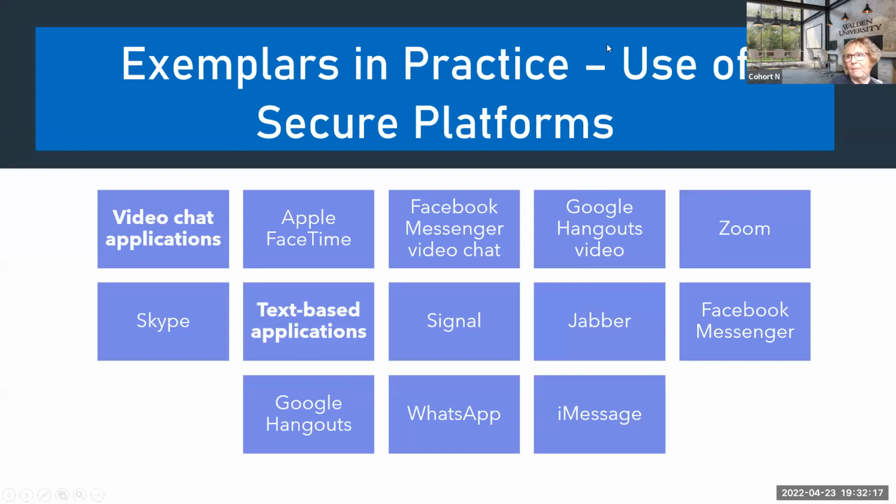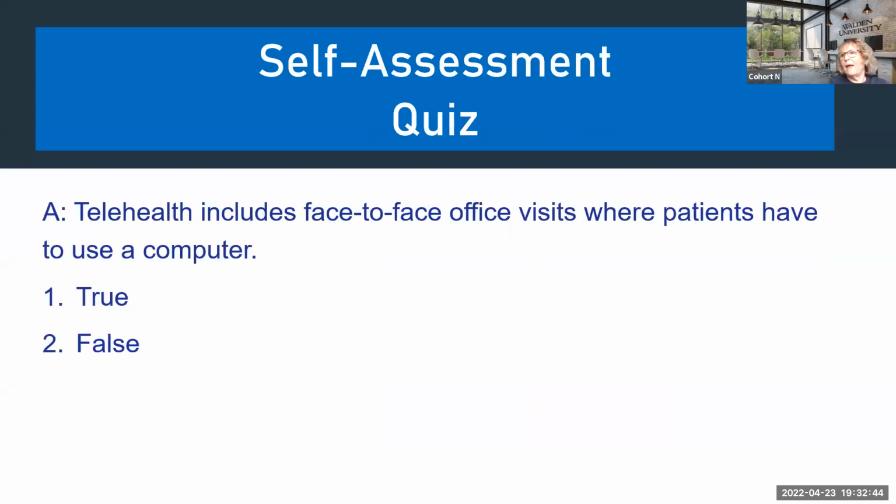The text-based applications where they can send vital signs back and forth are Signal, Jabber, Facebook Messenger, again Google Hangouts, WhatsApp, and iMessage. This was new information for a number of colleagues and peers, who didn't realize that it had to be HIPAA compliant. So with that, we go into the self-assessment quiz.